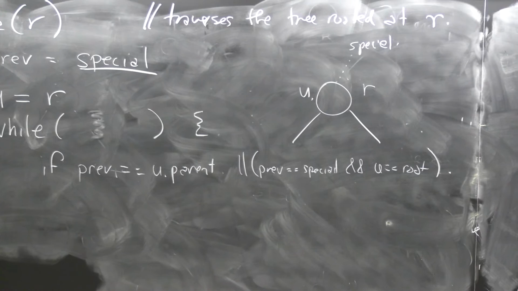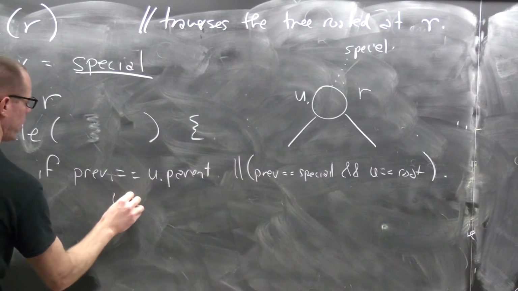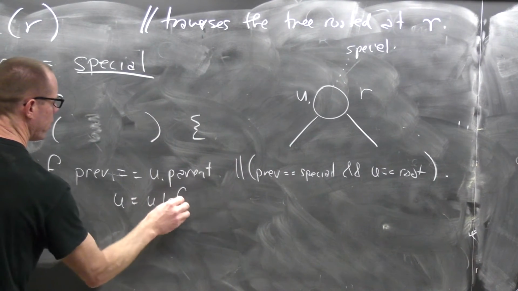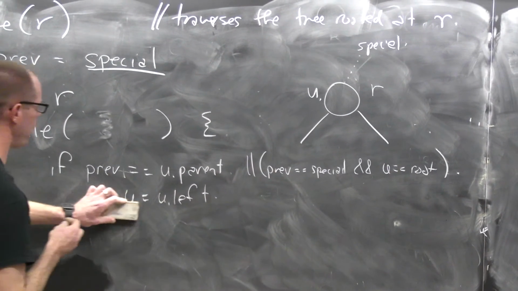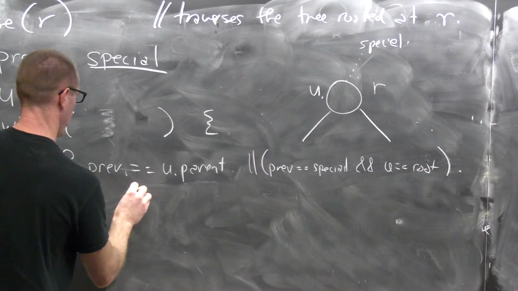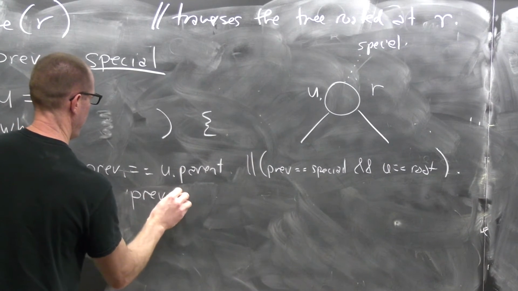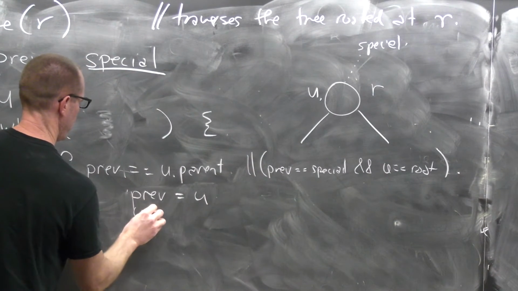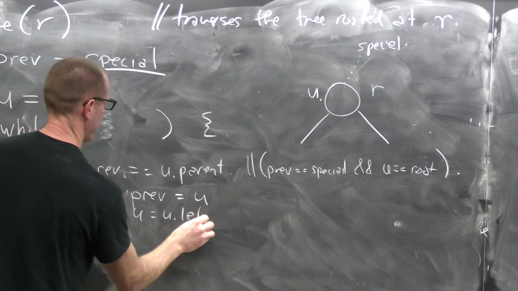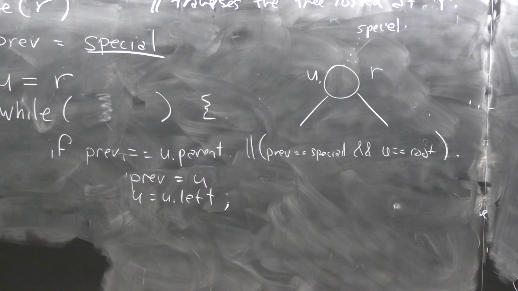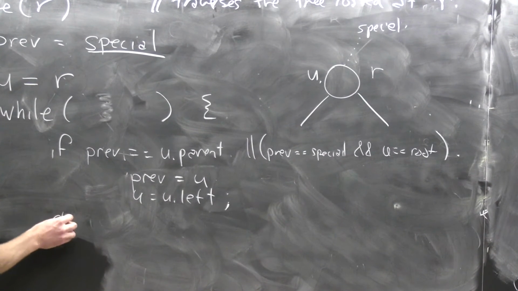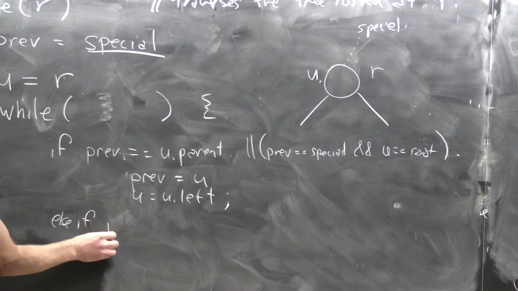Then we want to do something like u equals u dot left. But before we do that, we should say prev is equal to u, and u is equal to u dot left. Okay? What's the next case?